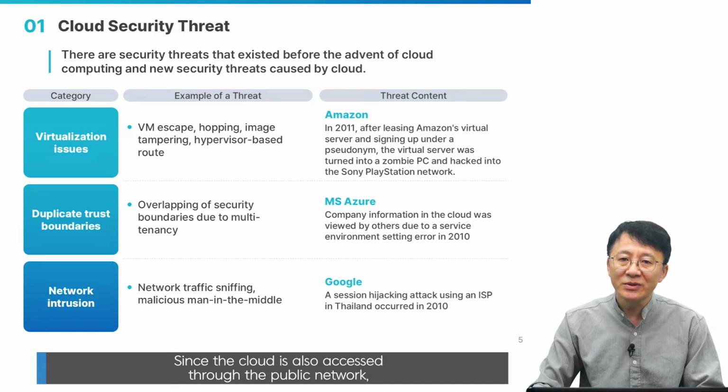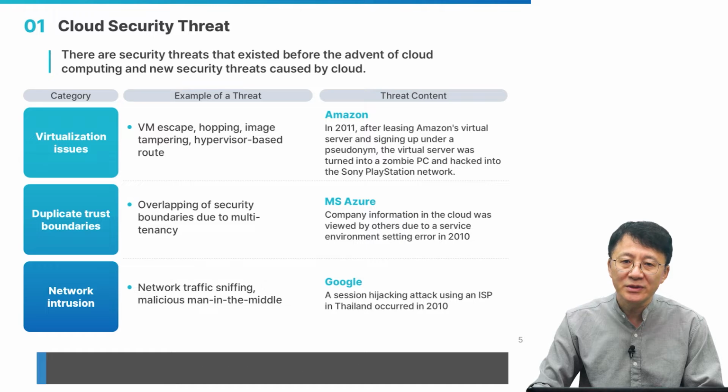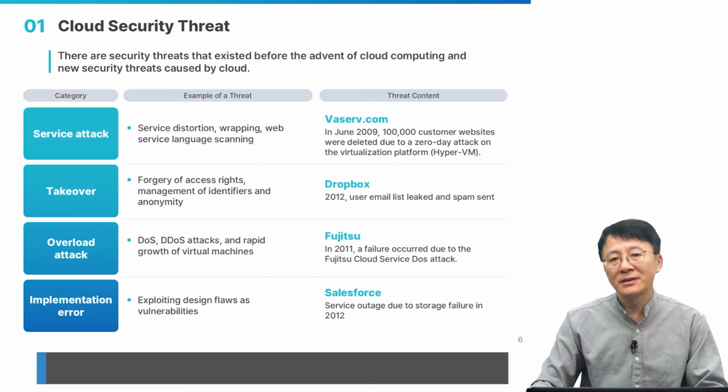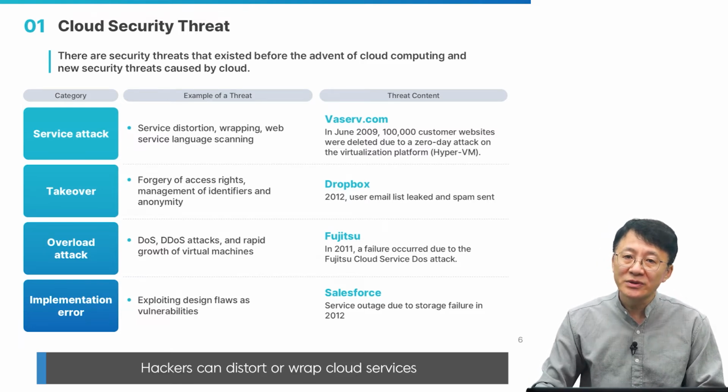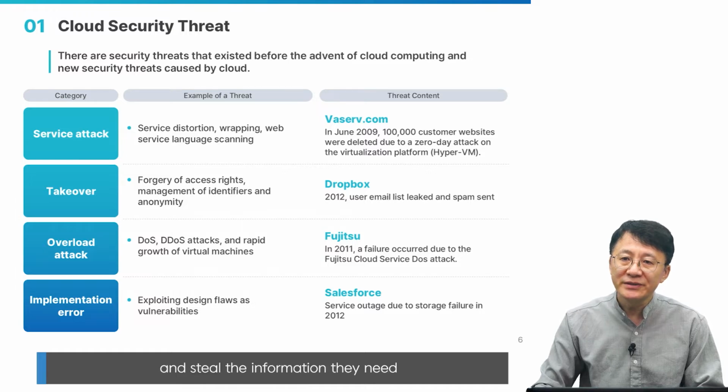Since the cloud is also accessed through the public network, there is always a high chance that it can be dropped through the network, or a malicious intruder can break in. Hackers can distort or wrap cloud services and steal the information they need through web service language scanning.